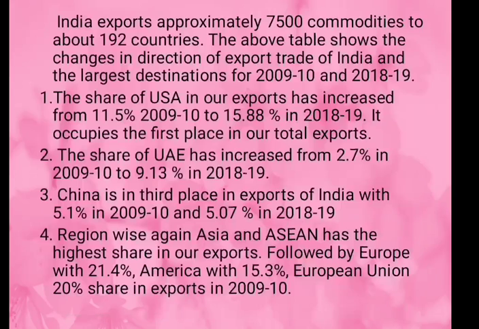Its share is 55%. This is followed by Europe with 21.4%, America with 15.3%, European Union 20% share in the exports in 2009-10. So this is regarding the direction of India's export trade.